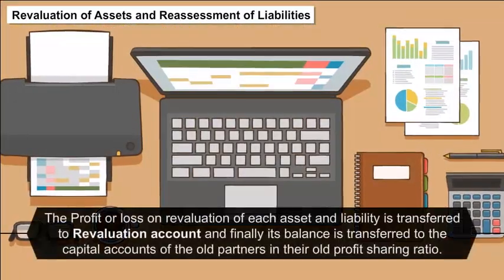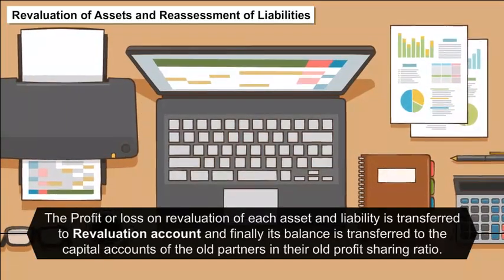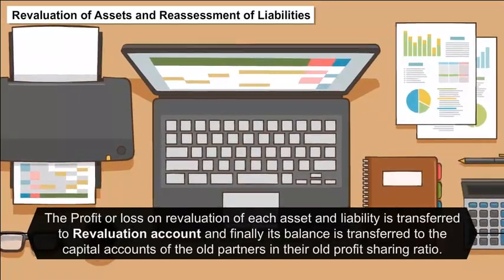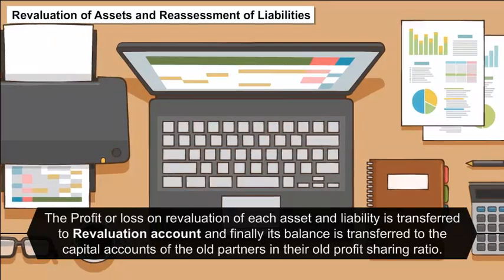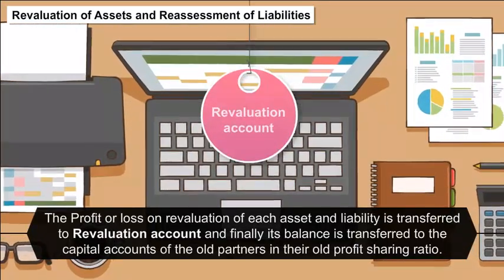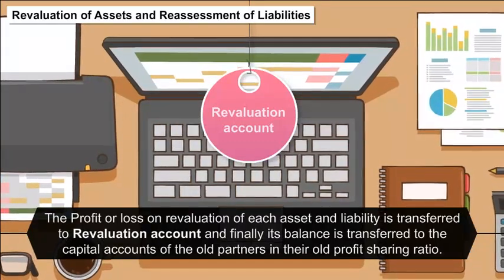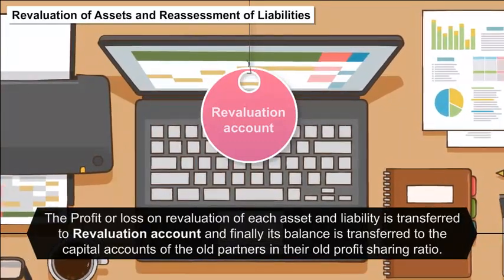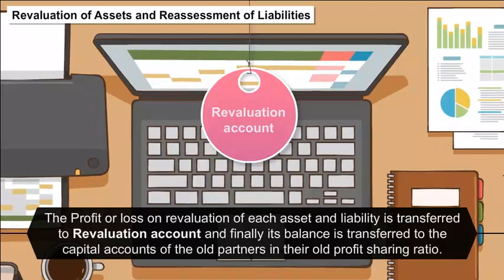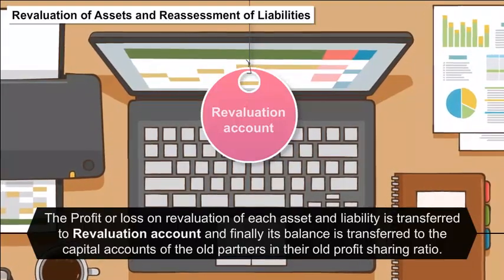The profit or loss on revaluation of each asset and liability is transferred to revaluation account, and finally its balance is transferred to the capital accounts of the old partners in their old profit sharing ratio.